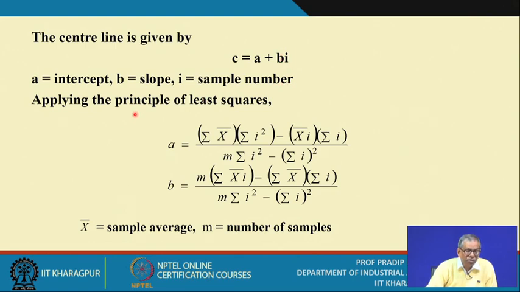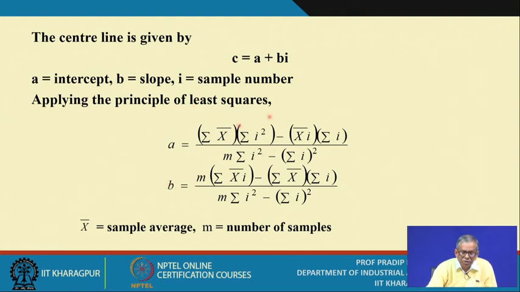Now you are aware of how to apply the principle of least squares. That means the fitted value is determined in such a way that the sum of the squares of the deviations of the mean from the fitted value is held minimum. This is the principle of least squares.